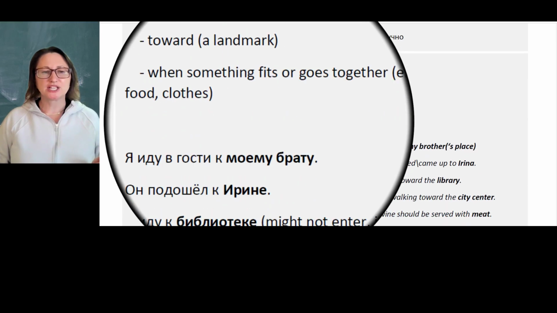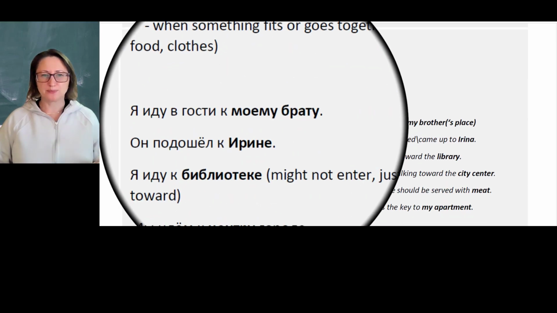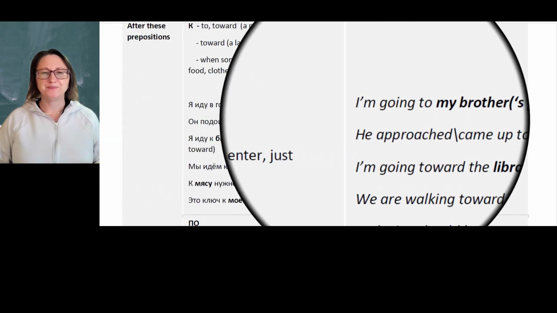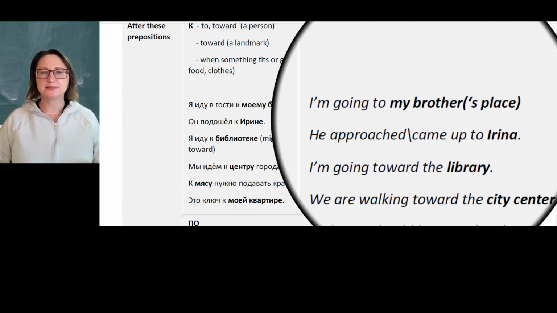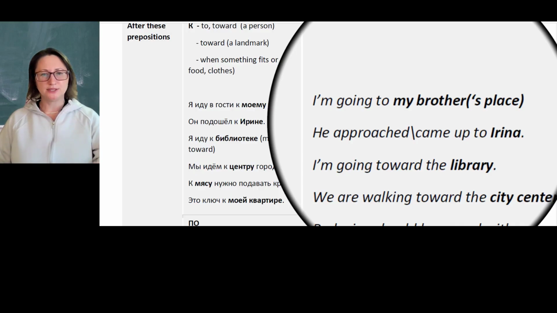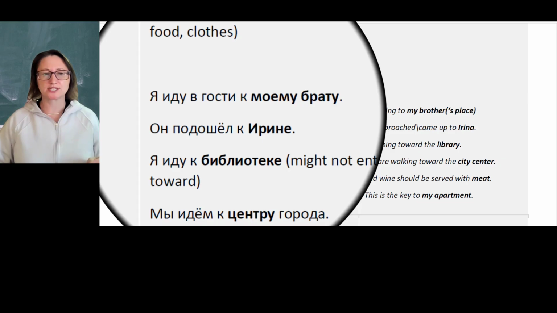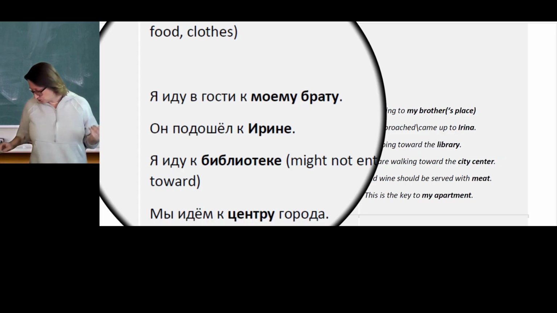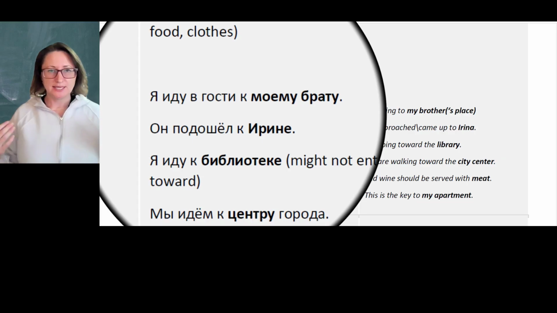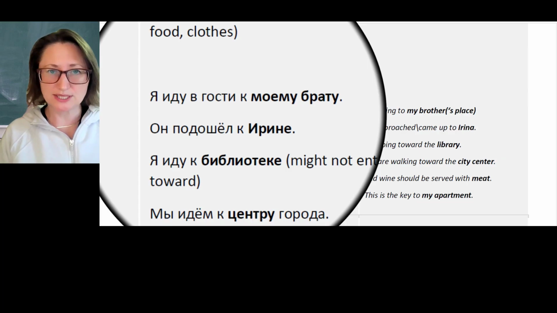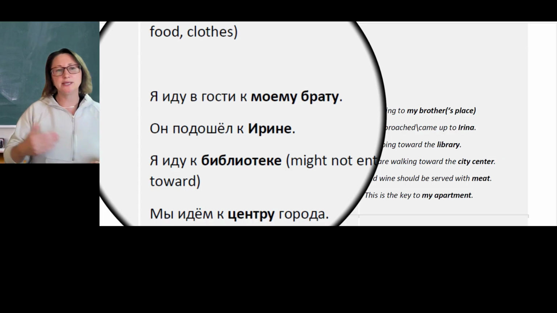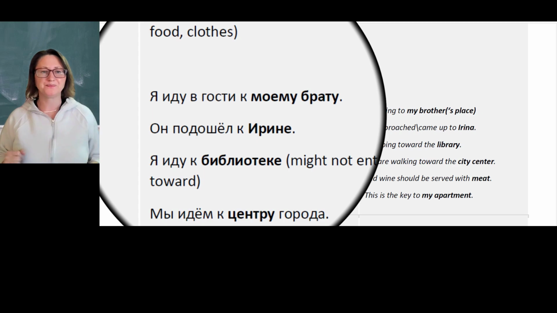Okay, first let's take a look at to or towards a person. Here we have, I'm going to my brother's place, or he approached Irina, he came up to her. So that's our к as to someplace or towards. Я иду в гости к моему брату. Он подошел к Ирине. Подошел is like he was here, and then he came up close. Let's say, я подошла к столу. I came up to the table, and he came up to Irina. So like that motion.